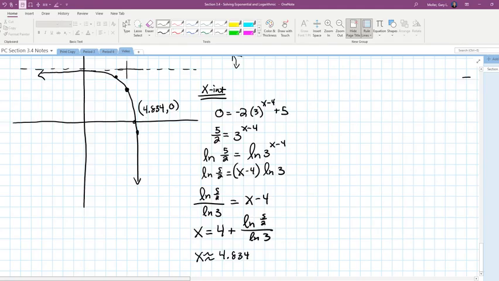I didn't ask this, but we're here. We might as well do it. What's the y-intercept going to be? So the y-intercept is always found the same way. Take the function and plug in 0 for x. So we've got f of 0 equals negative 2 times 3 to the 0 minus 4 plus 5 power.